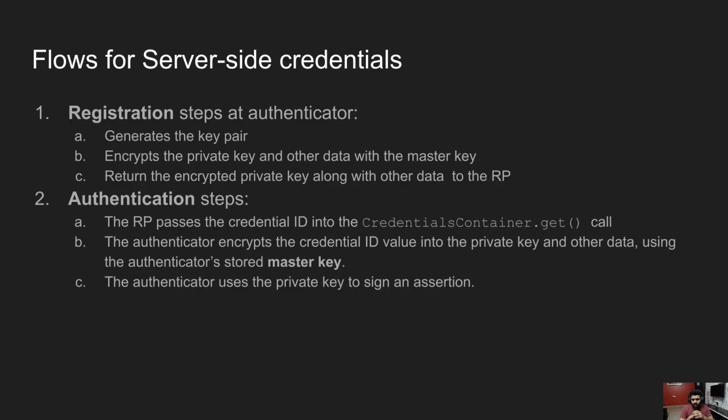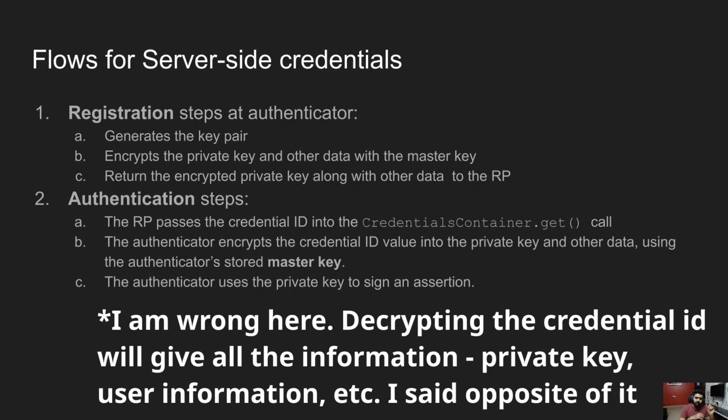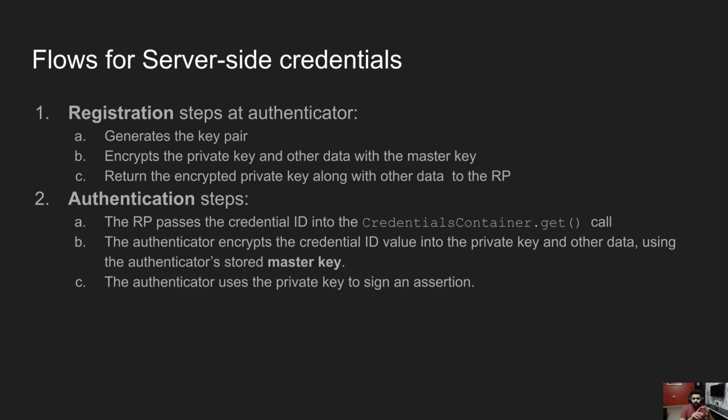In case of authentication, the relying party will pass the credential ID into the credentials container get call. So this is also a WebAuthn API. And in this case, it will provide the credential ID, the encrypted private key along with other data.